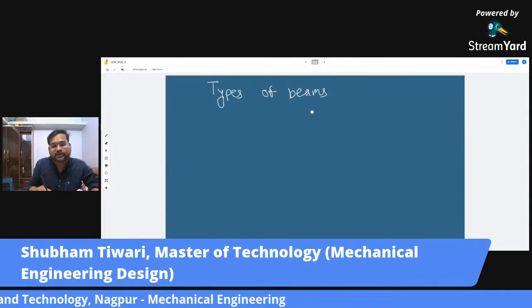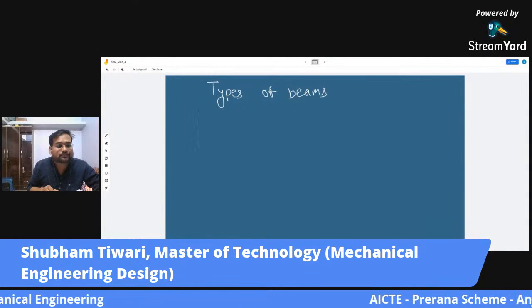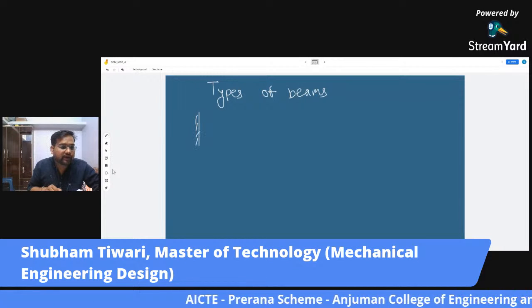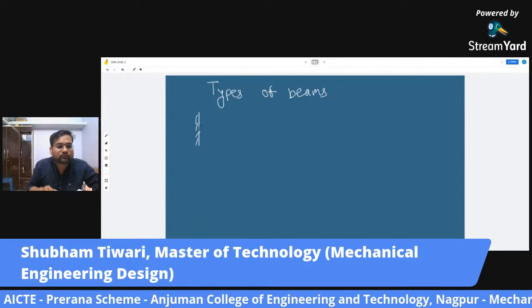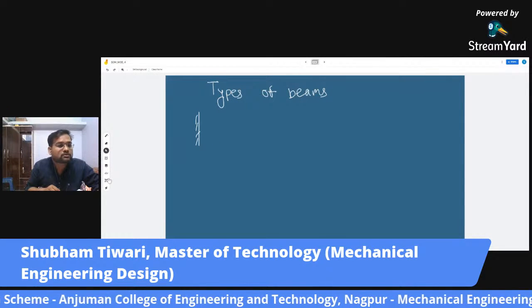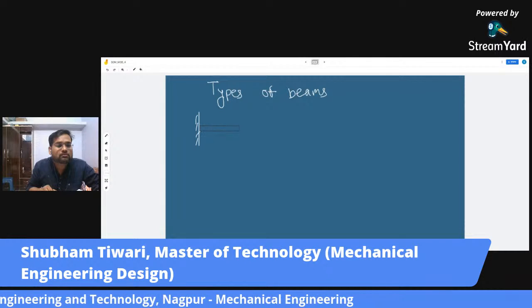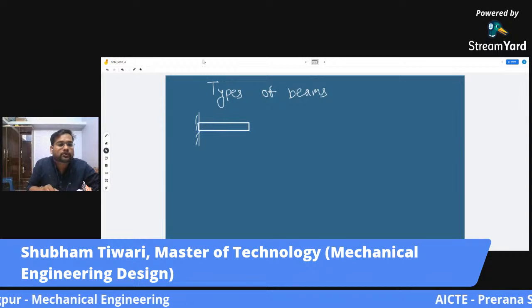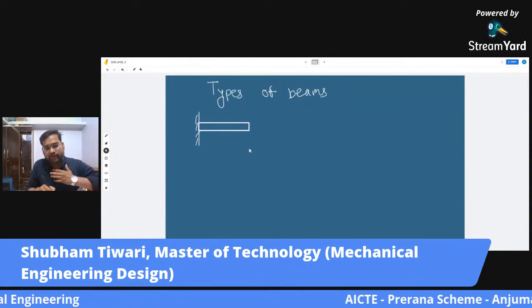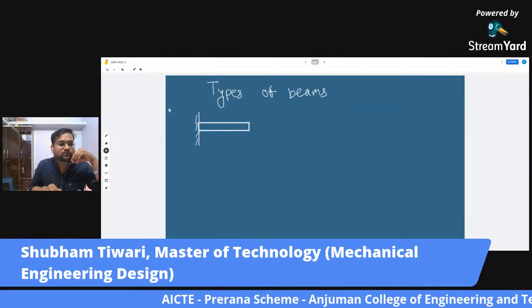What are the types of beams that we are going to study? The number one, which is very important from exam point of view, is our cantilever beam. So this is our cantilever beam.